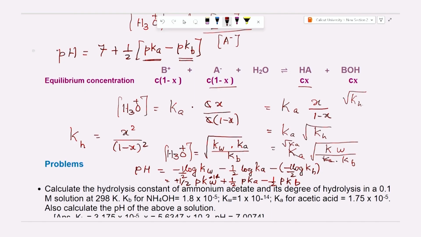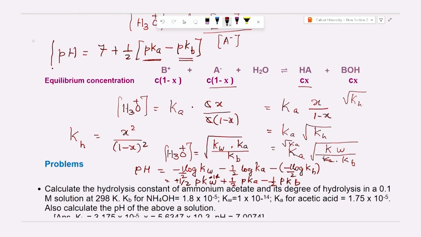This is what we have been discussing in the session when hydrolysis takes place. The pH of that solution will be around the neutral value. So, this is an expression for pH for a salt from a weak acid and a weak base. Next, we will go for a problem.